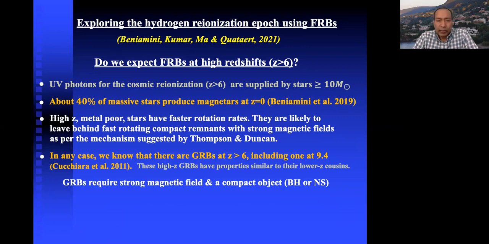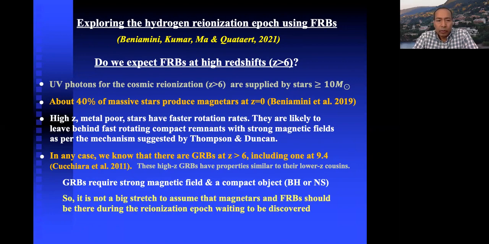And the GRBs require a strong magnetic field and a compact object, either a neutron star or a black hole. So it's not a big stretch to assume that magnetars and FRBs should be there during the reionization epoch, waiting to be discovered.